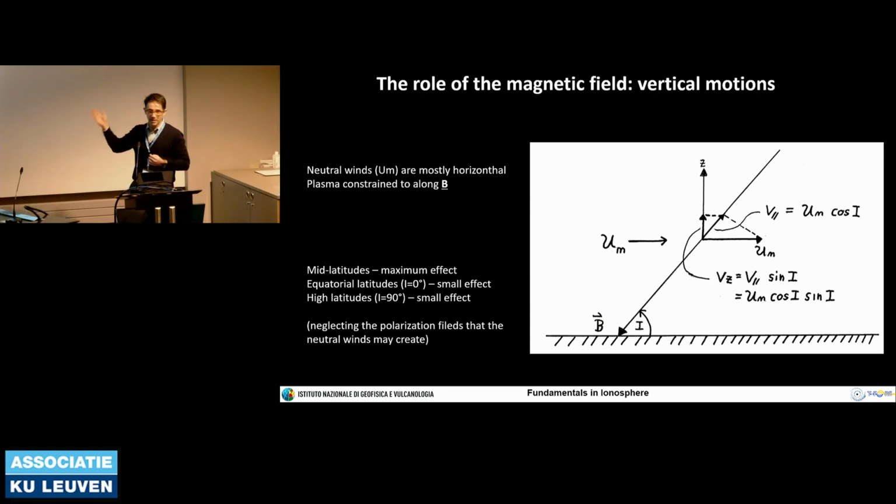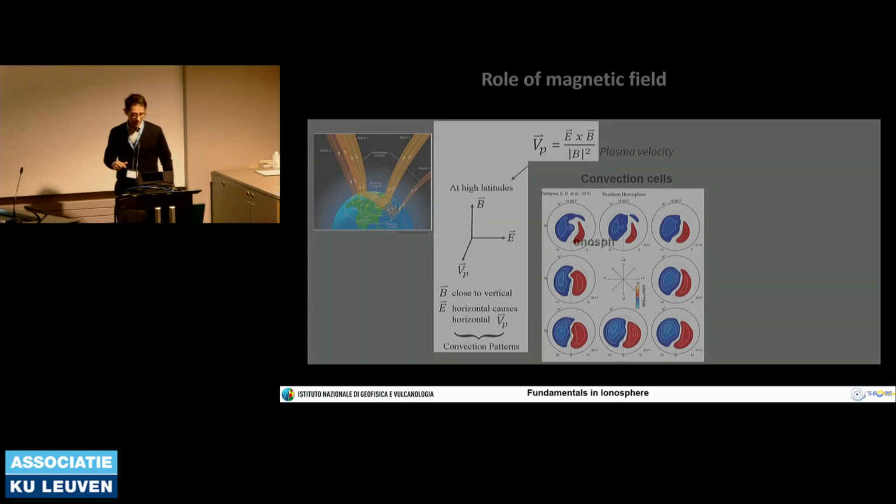So this effect is maximum at mid-latitude, and it's small at the equator and high latitudes. Of course, if we neglect the fact that neutral wind may create polarization fields that can alter this picture, the morphology of the magnetic field creates very important features at high and low latitudes.